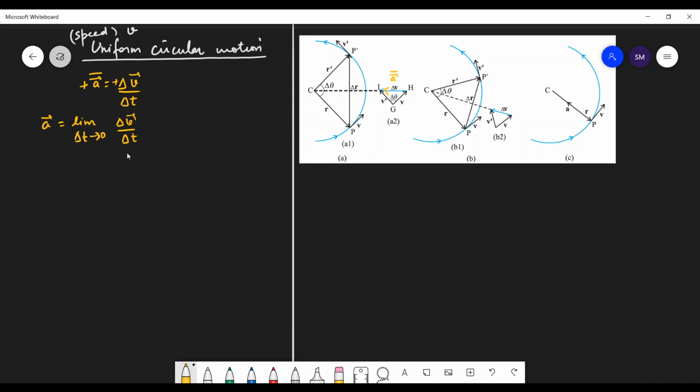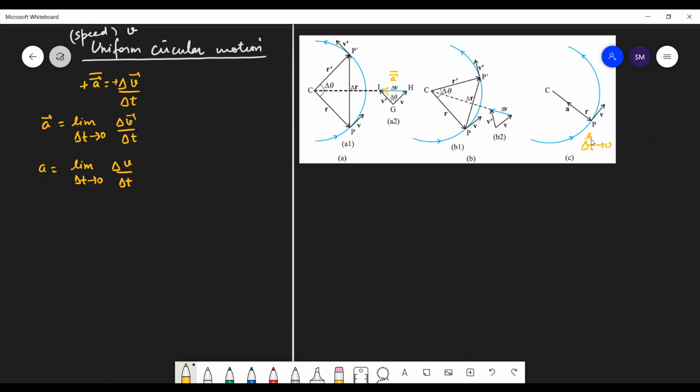Now if I am interested in the magnitude of acceleration, then I can write it as limit delta t tends to 0 of delta v by delta t. Now we can see this figure A and figure B. This is the point P over here, this is P dash, so P dash is brought near and ultimately to P, so time is reducing, and here delta t tends to 0 in this figure.